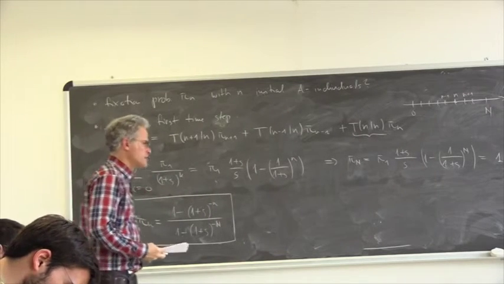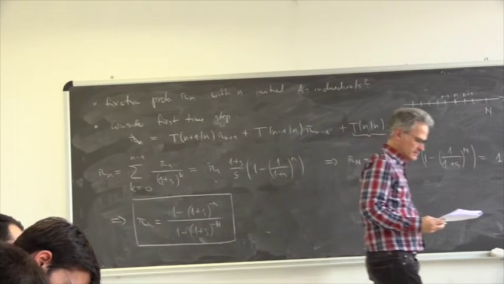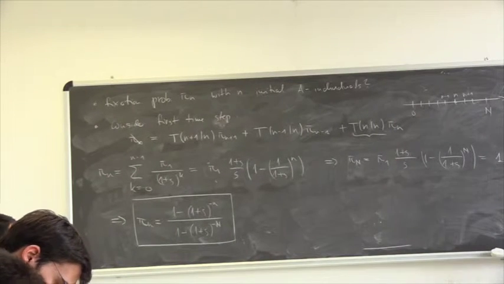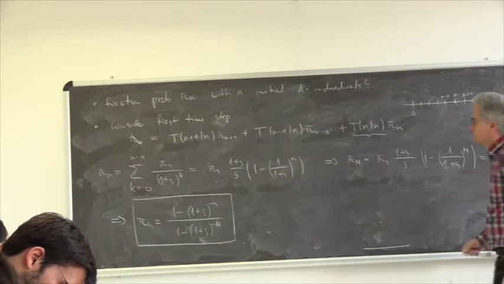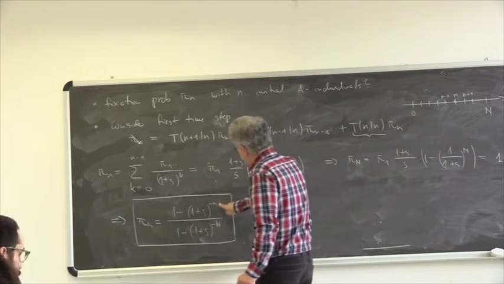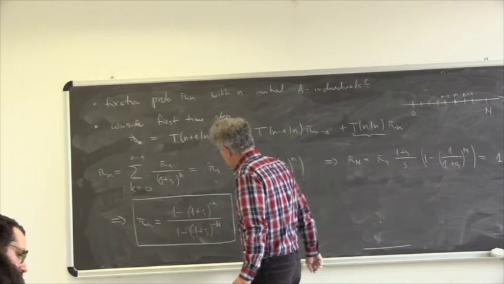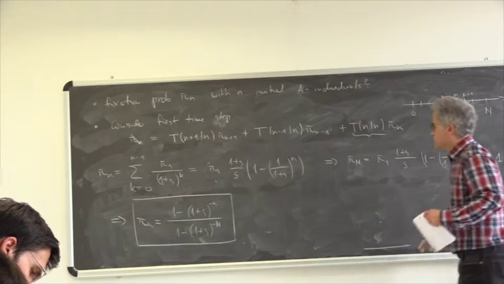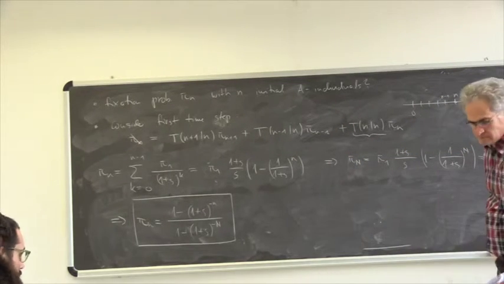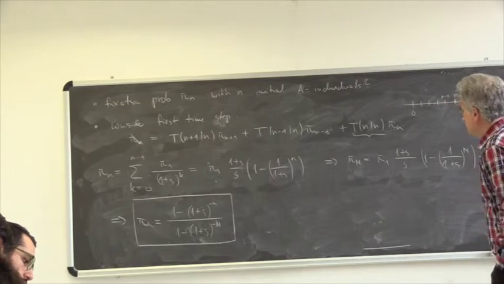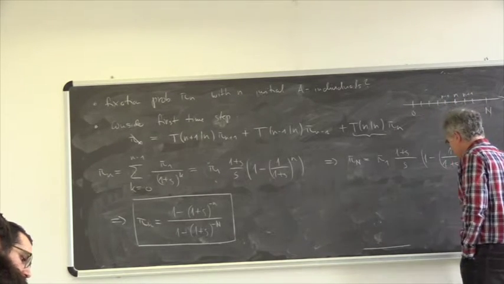So this is the probability that if I start with small n individuals of type A, and if they have a selective advantage, which is s, that eventually they will go to fixation. Okay? And this is actually a very useful formula.